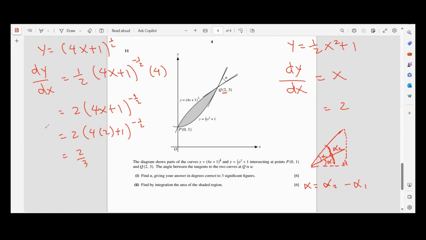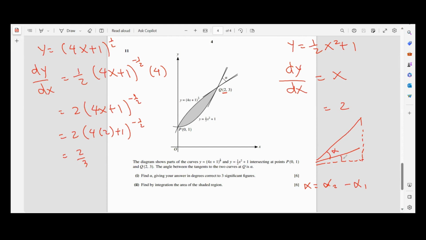So okay, let me draw it bigger so you can see it more clearly. So we have this, and we have this. And then if we make it like this, this is the alpha, the one that we want to find.